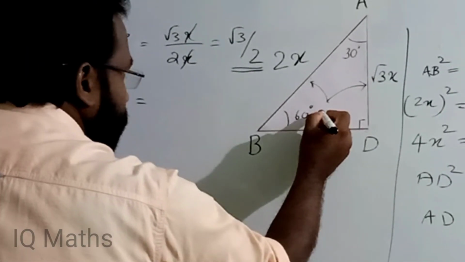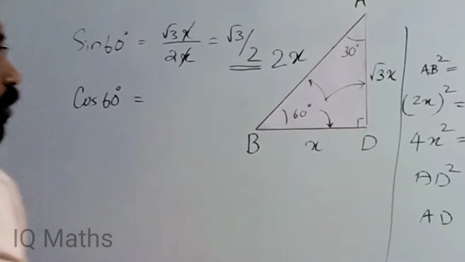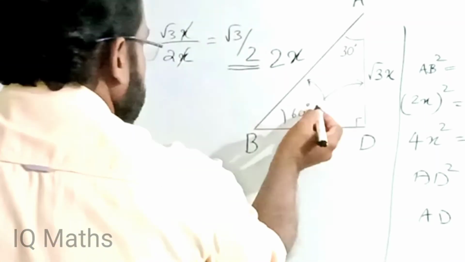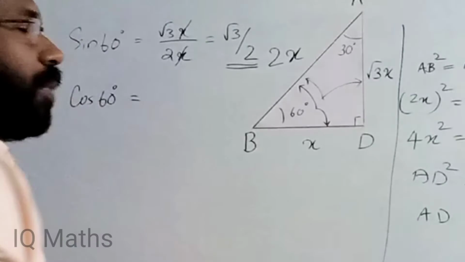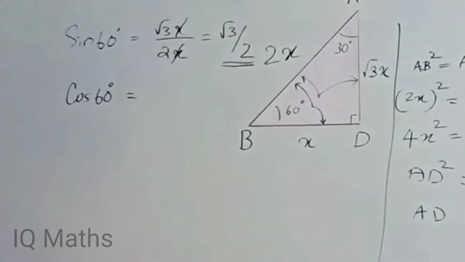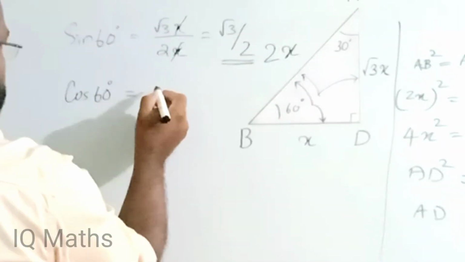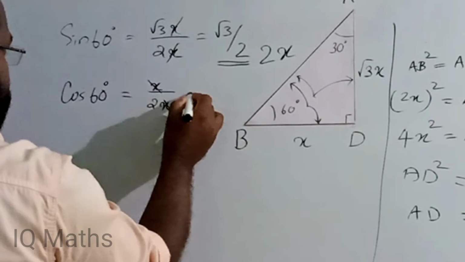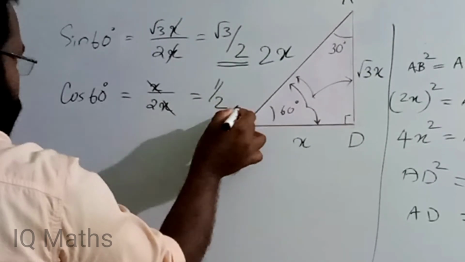Cos 60 is equal to adjacent side by hypotenuse. Adjacent side is BD and hypotenuse is AB. That is x by 2x. x and x cancel, that is 1 by 2.